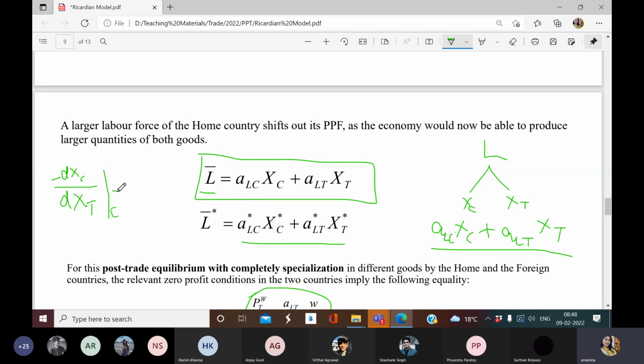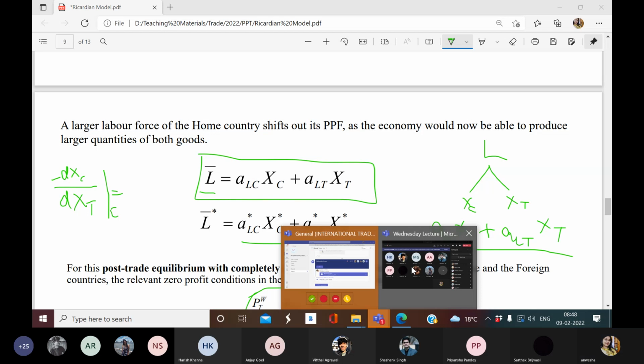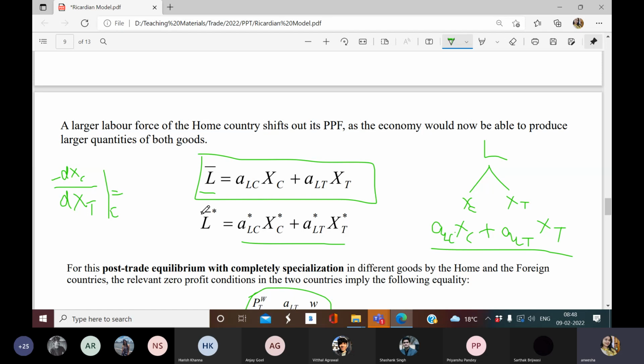L bar is the given endowment of labor, a fixed labor force at a particular point of time. So d of L bar will be what? 0, right? On the left hand side, if you totally differentiate this full employment condition, dL bar will be equal to 0.